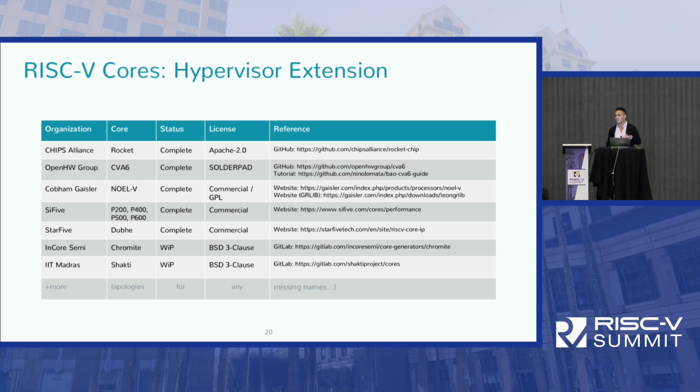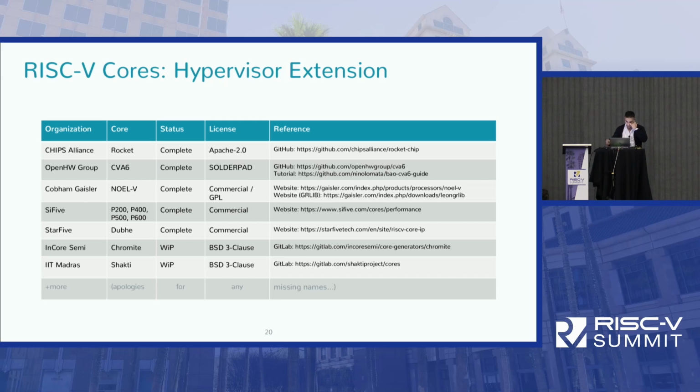It was back then the Rocket core. We didn't upstream that implementation. Andrew from SiFive and his colleagues then took this implementation as the basis and implemented and upstreamed a derived implementation in the Rocket maintained by the Chips Alliance.